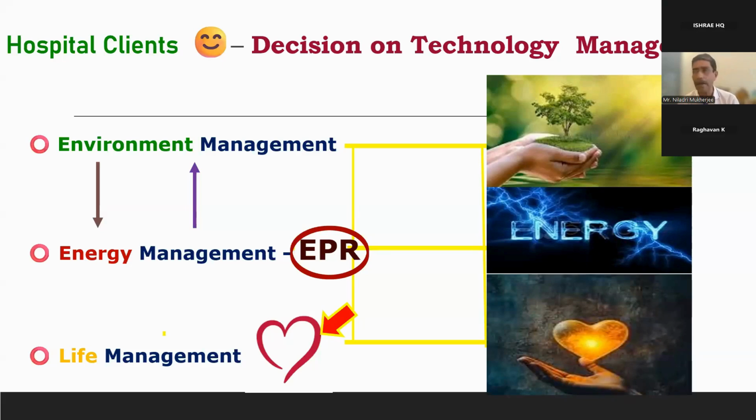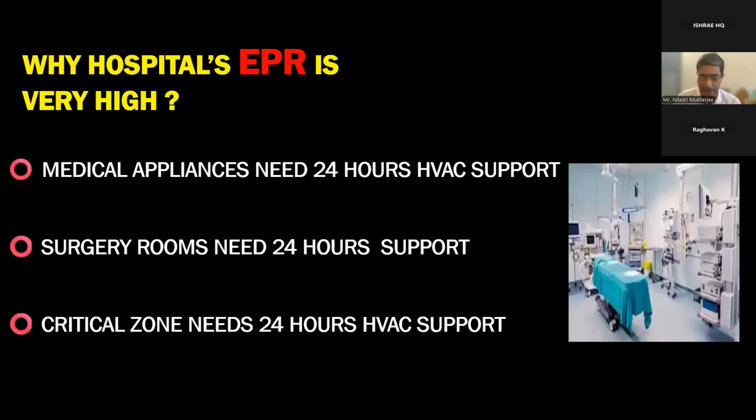A normal commercial building, from an office to an airport or even a mall, is around 300 to 350. That is okay, but in case of a hospital, EPR is very, very high. And if you think room-wise, like the cardiothoracic surgery room or any surgery room, EPR is much, much higher. Why? What is the reason behind that?